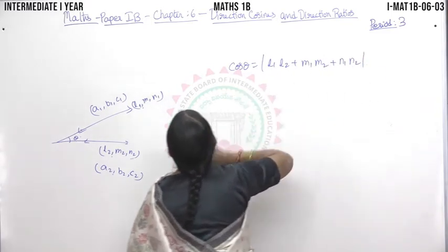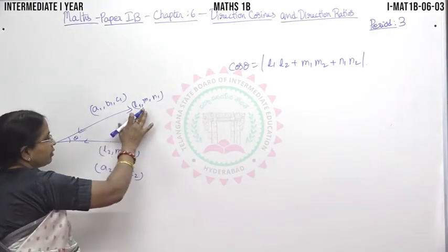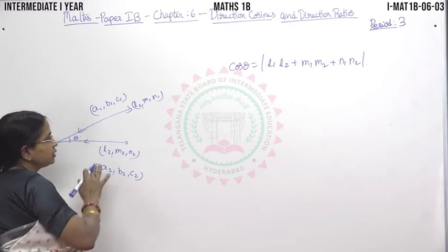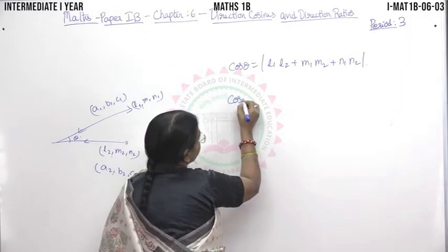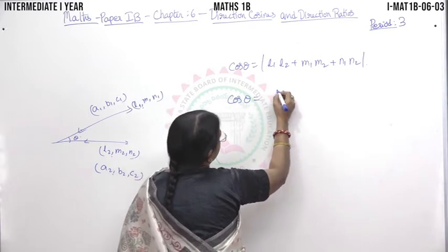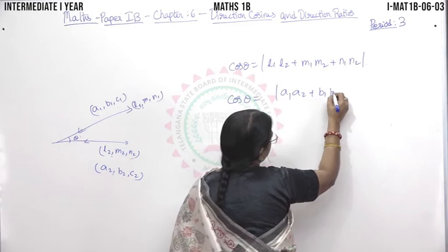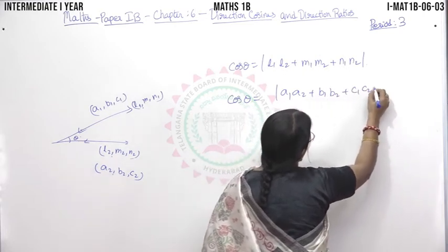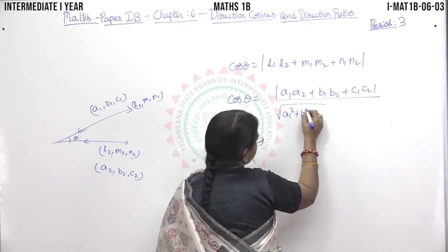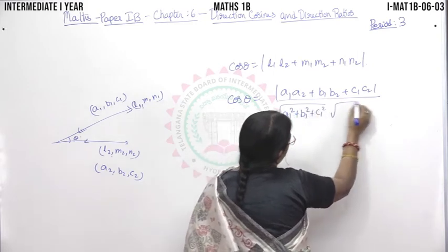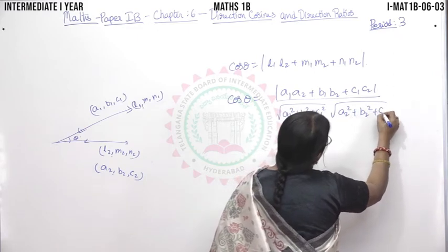This is the formula for angle between two straight lines in terms of direction cosines. In terms of direction ratios, it is mod of (A1A2 plus B1B2 plus C1C2) by root of (A1 square plus B1 square plus C1 square) into root of (A2 square plus B2 square plus C2 square).